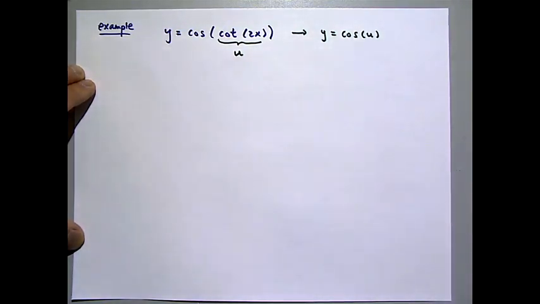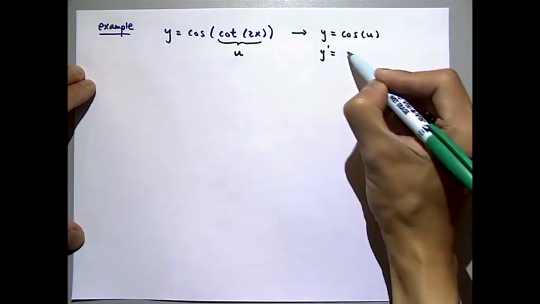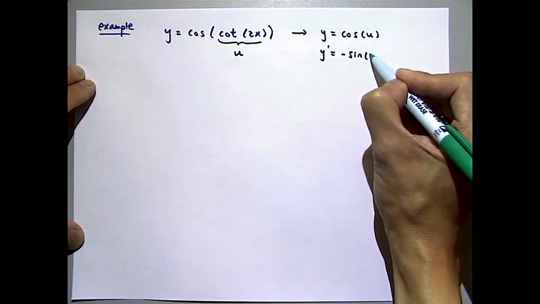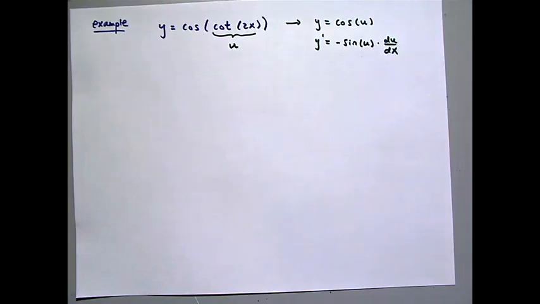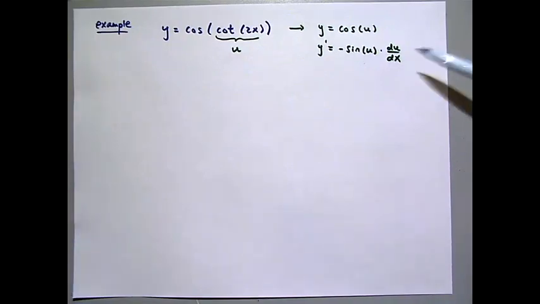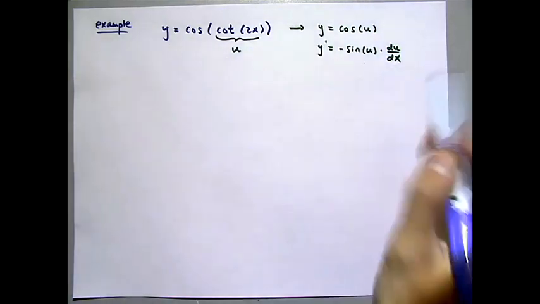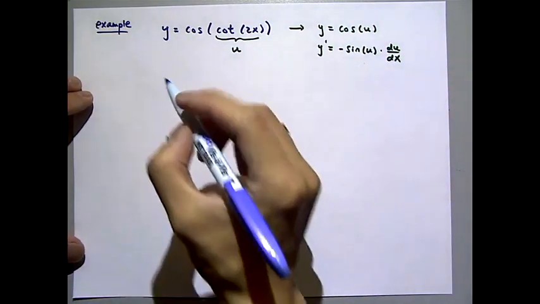And we know the basic rules of all the derivatives we know are still the same. Now we just got to account for the fact that u could be more than just an x. So knowing y is cosine of u, we know the derivative is minus sine of u times du dx. Here we're going to have to do a little bit more with the du dx when we get there, but as long as you know the big idea here, you should be able to carry out the individual pieces of that.